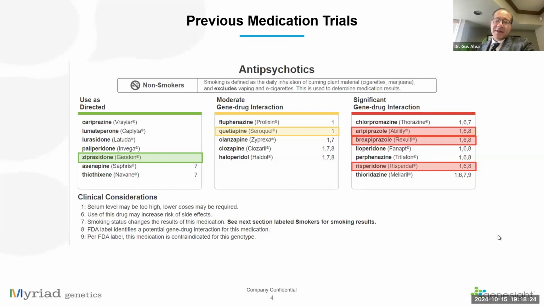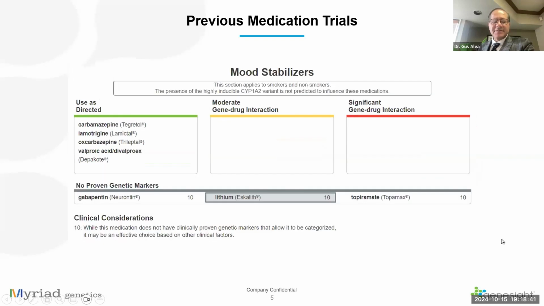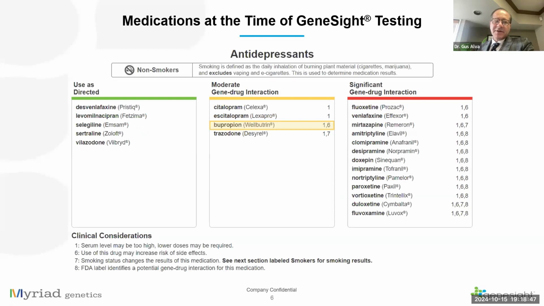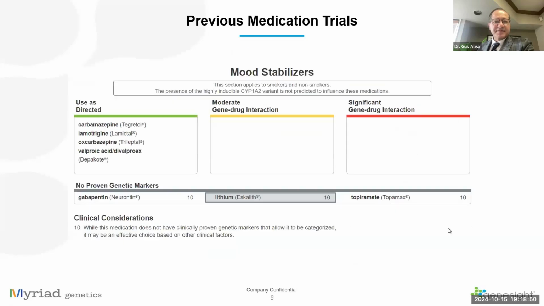ziprasidone, for example. But obviously the same explanations noted here where we can walk people through as to why certain things might have been futile, or they may have sparked a little bit of traction for them. And let's go over to the next slide and take a look at other things. When you take a look at mood stabilizers, I think we went there. There we go.